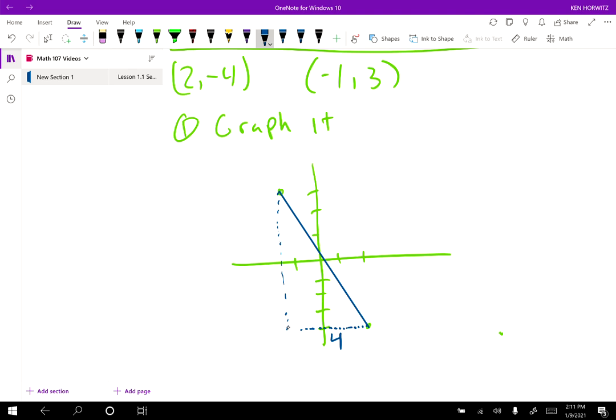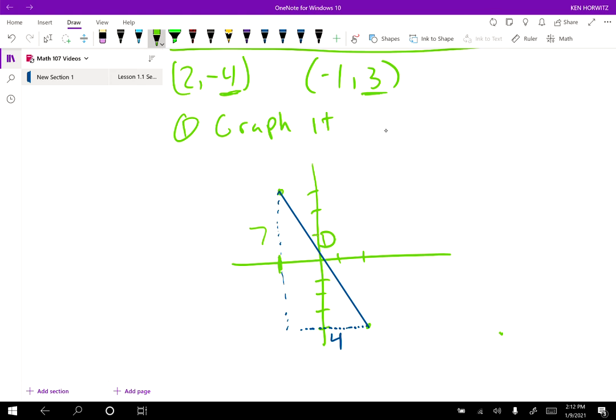That didn't quite go through -1 like I had hoped, so I'm going to do the math teacher trick, and I'm just going to put -1 over there. There we go. So my vertical distance, I'm going from -4 all the way up to +3. So if I subtract, I get 7 units. Okay. So now I'll call that D to make it distance.